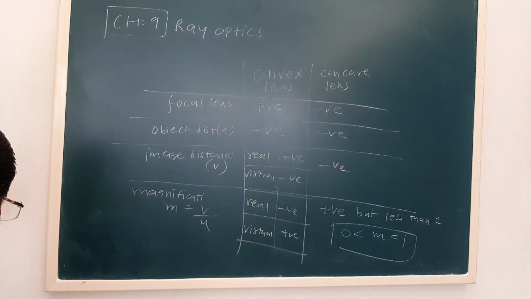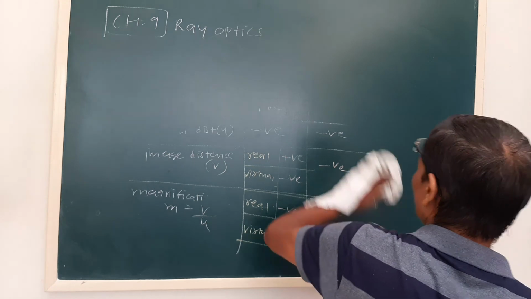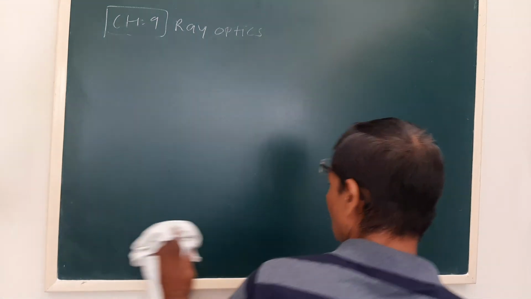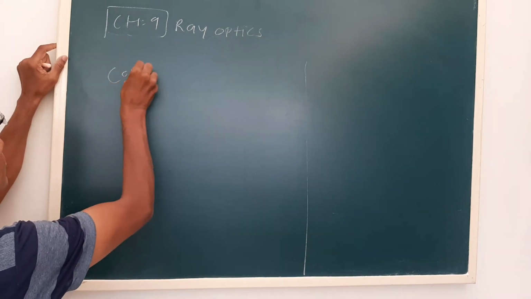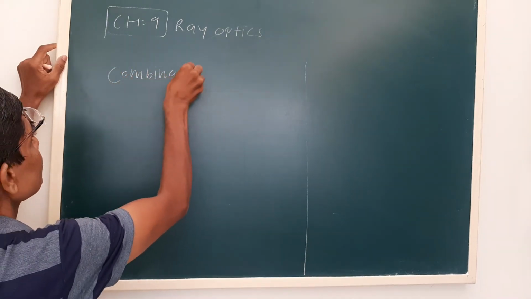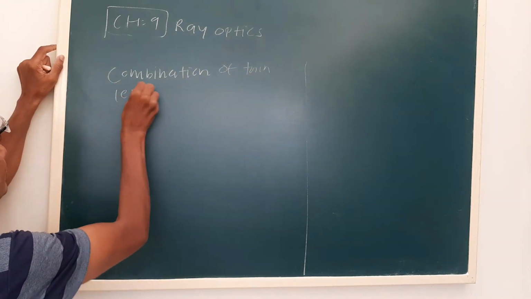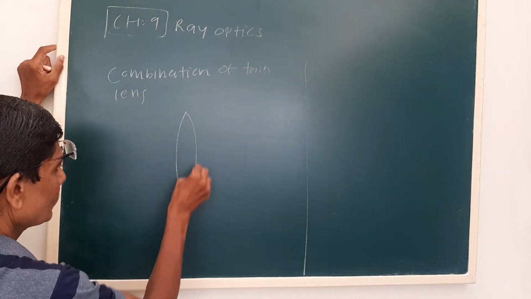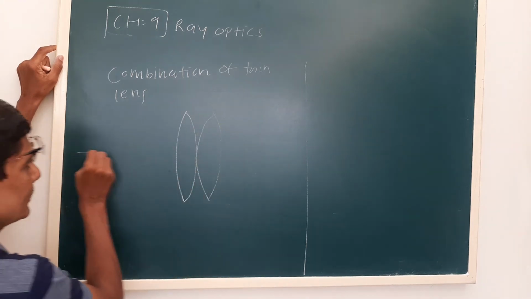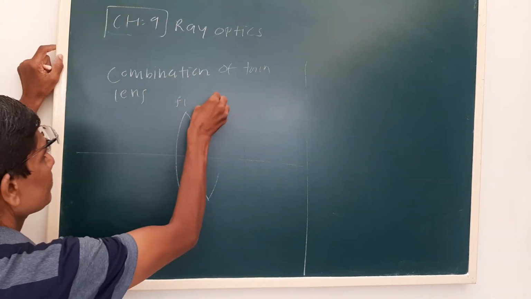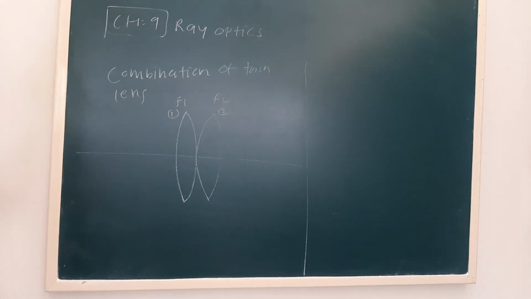Now this is about the concave and convex lens. Next we have to see the combination of lenses. Now let us say two convex lenses with focal lengths f1 and f2 are kept in contact with each other.